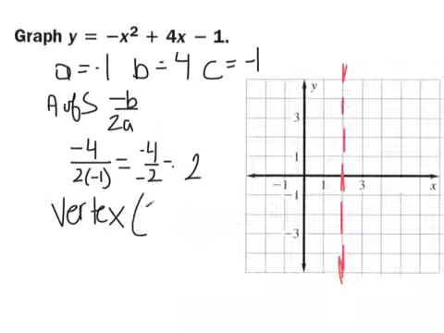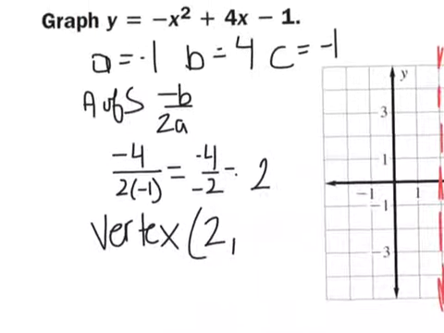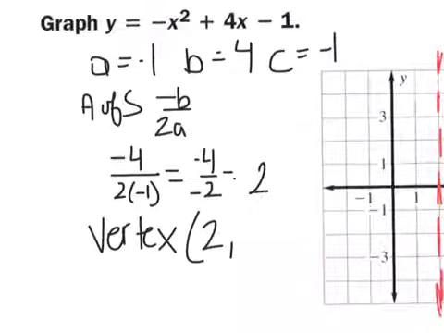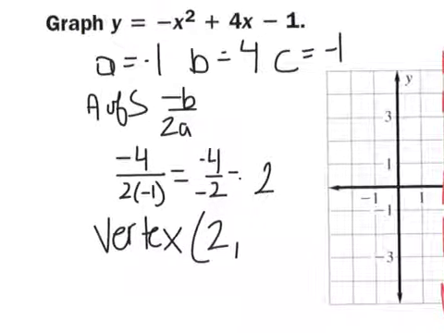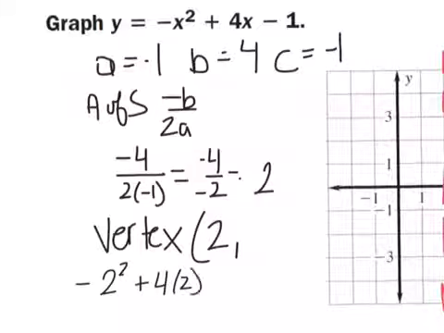So I know my vertex is 2 something, and to find that something, I'm going to plug that 2 into my original equation. So I have negative, and that negative is outside, so it's going to stay there, 2 squared plus 4 times 2 minus 1.